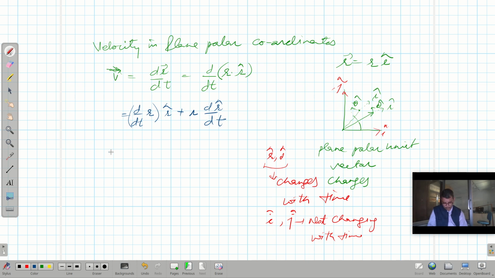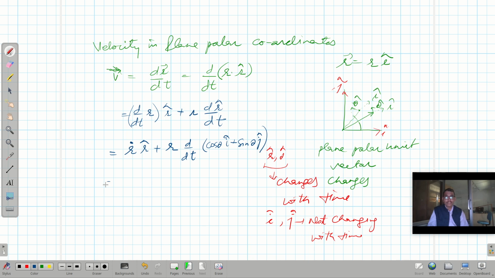So this is r dot r cap as it is, plus r as it is, and what is d r cap by dt? So let me write d over dt of r cap, which is cos theta i cap plus sin theta j cap.